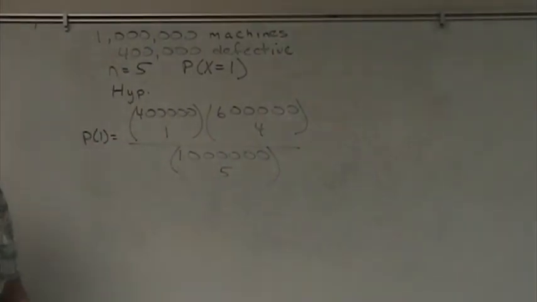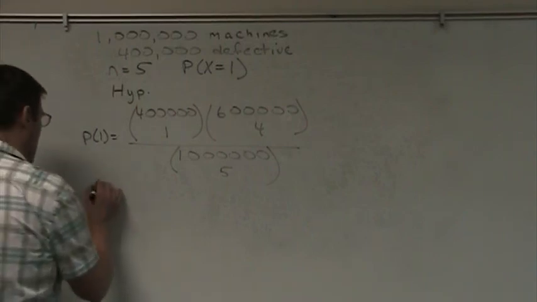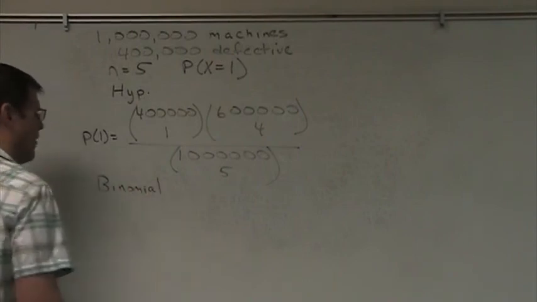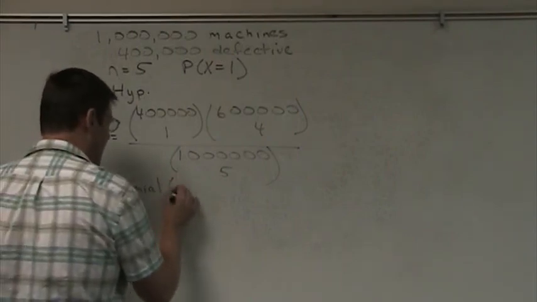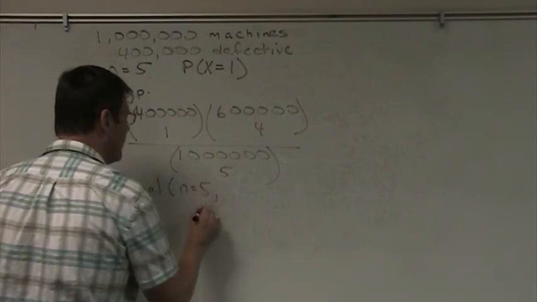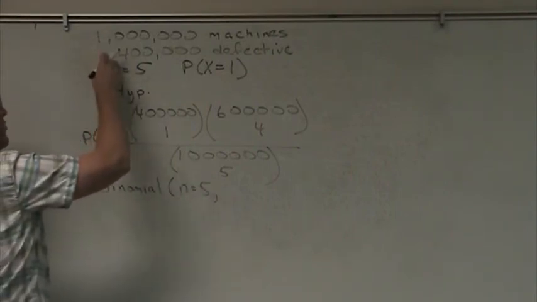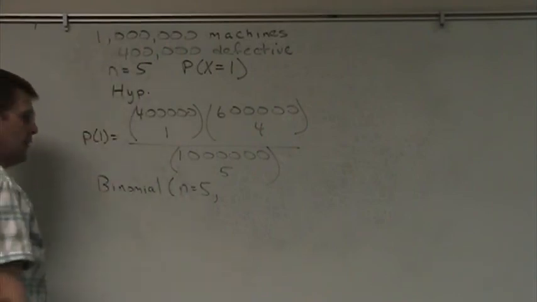I'm going to leave the punching into your calculator for you to do so you can compare the numbers. Gotta give you a little work while I'm out. Anyway, so that's the hypergeometric version. The binomial approximation, we've got n equals 5, and the ratio here, the fraction here is 400,000 divided by 1,000,000.